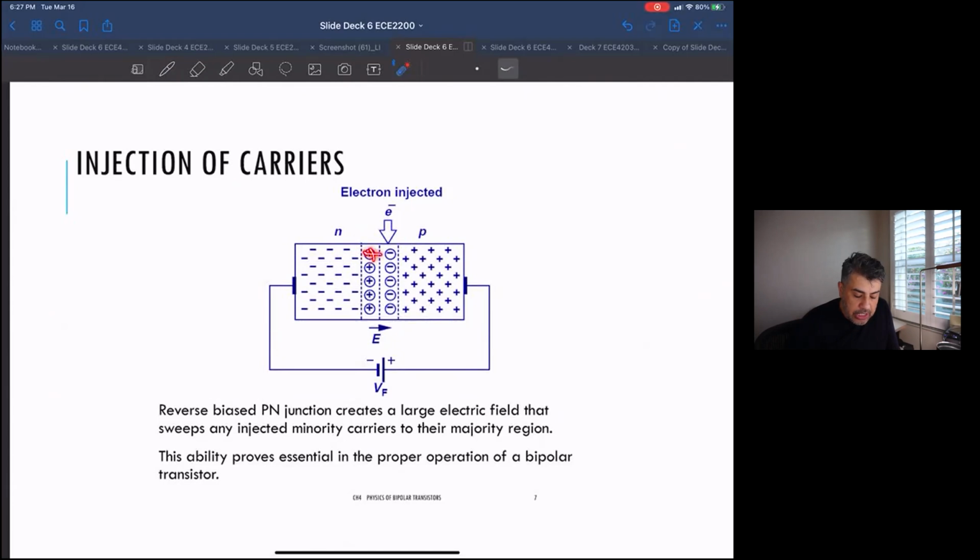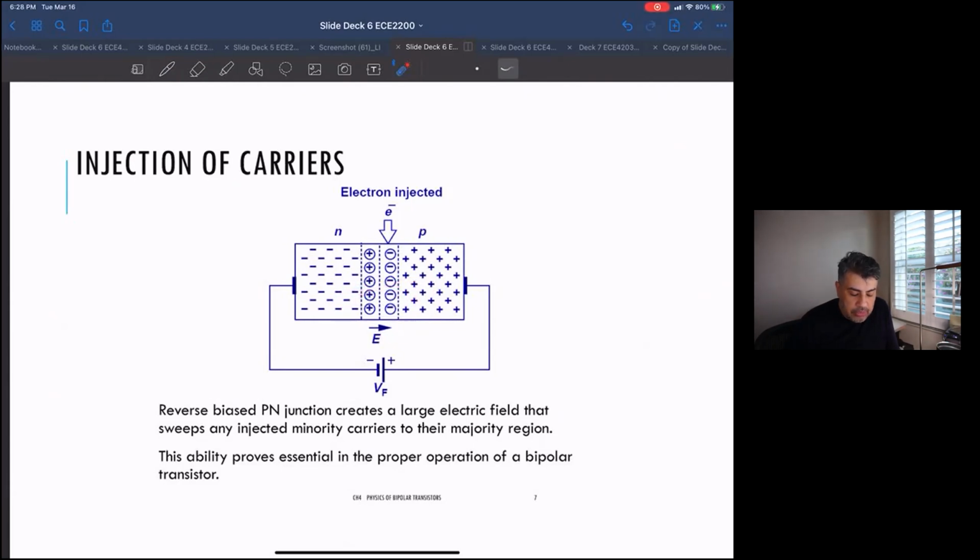we left stationary ions, positive ions on this side, and negative ions on this side. And then this created an electric field that points from the positive ion direction to the negative ion direction. So this electric field is fighting the flow of electrons from here to here.